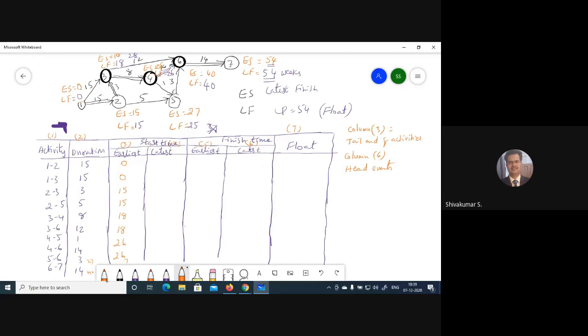That is 15. 1 to 2, 15. Next, 1 to 3, 18. You are writing the head values. 2 to 3, so the LF value is 18. 2 to 5, what is the head value? Almost 25.